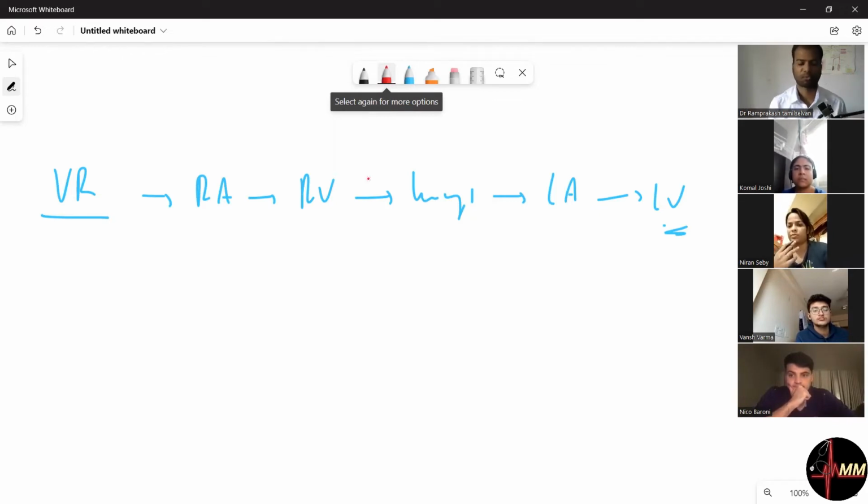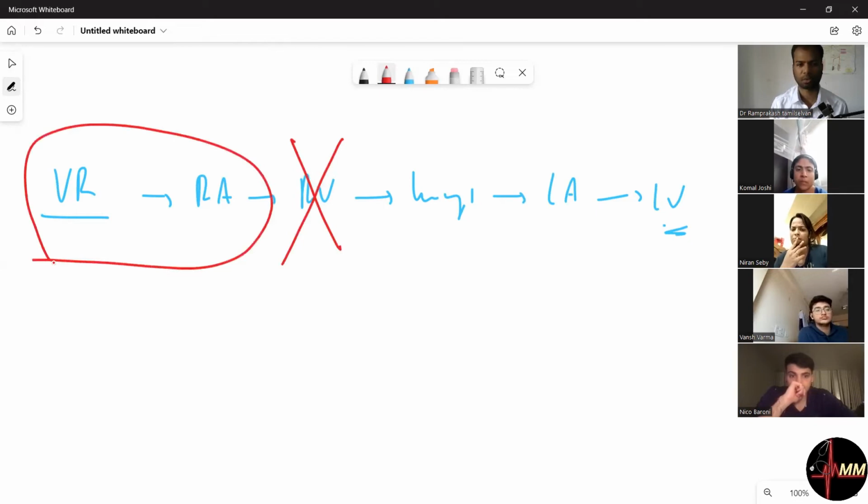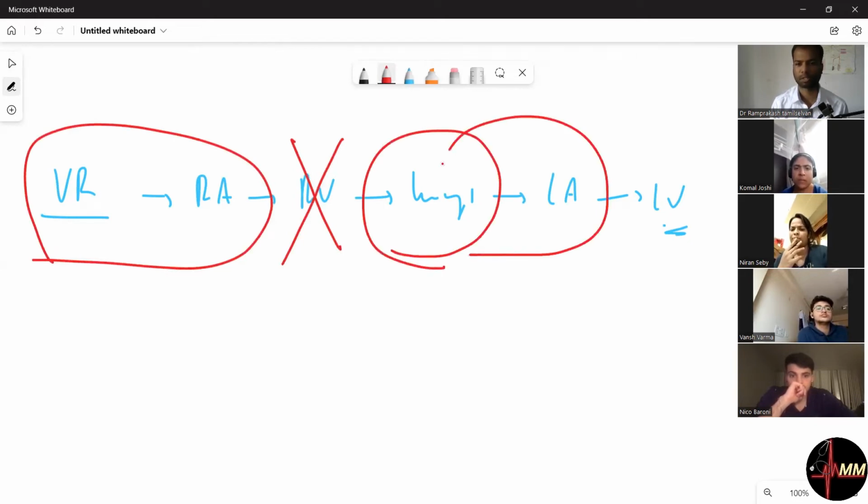Am I right? So if I put a big embolus in the pulmonary artery and block it, the pressure here is going to be high, the pressure here is going to be very low, and the cardiac output is low.